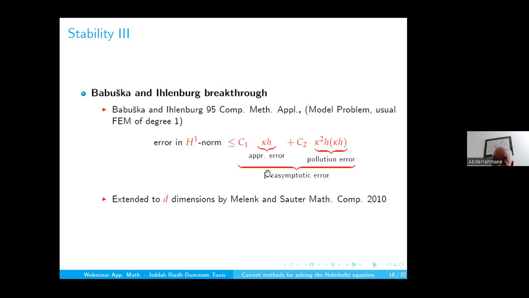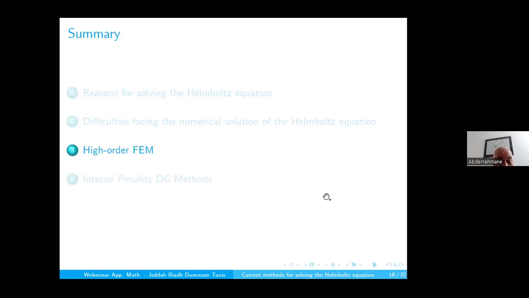But when kappa becomes large, the approximation error is dominated by the pollution error. And this result was extended more than 15 years later by Melenk and Sauter to multi-D.